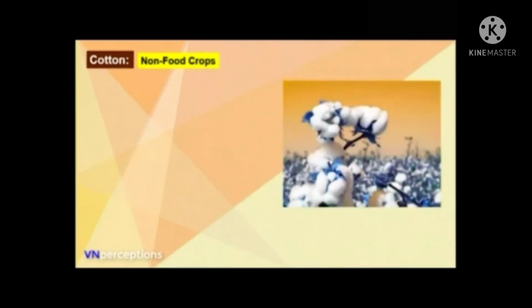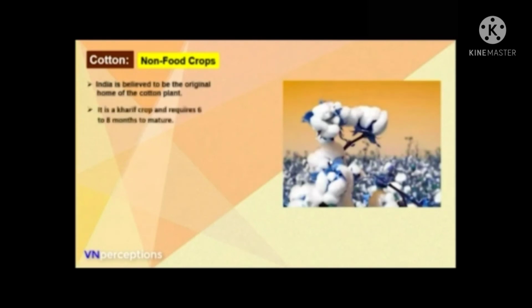Then, talking about cotton, India is believed to be the original home of the cotton plant. It is cultivated as a kharif crop and it requires 6 to 8 months to mature. It requires high temperature, light rainfall, irrigation, 210 frost-free days and bright sunshine for its growth.